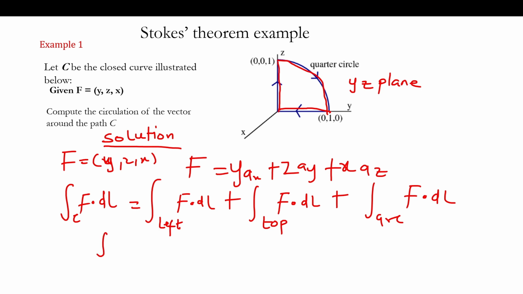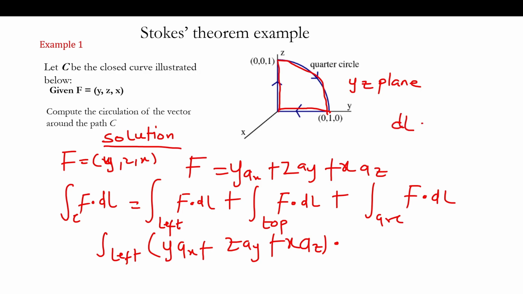So if I should take the left, my F is y ax plus z ay plus x az. Now this here is dotting the dL. The dL is the differential length. Now the differential length along the y-axis is going to be dy in the y direction, so dy ay.